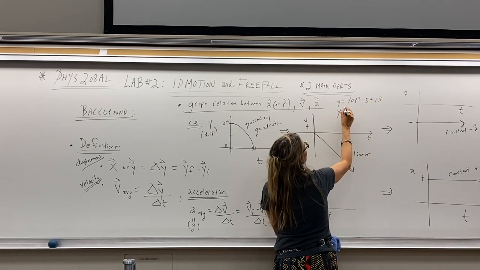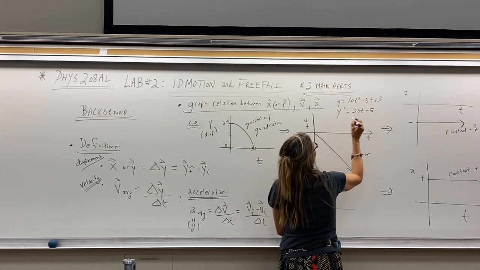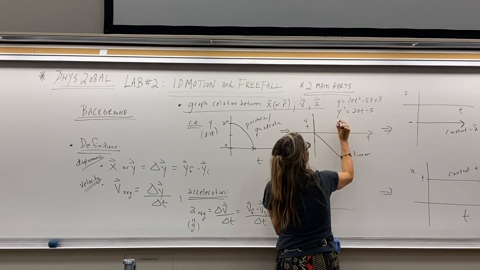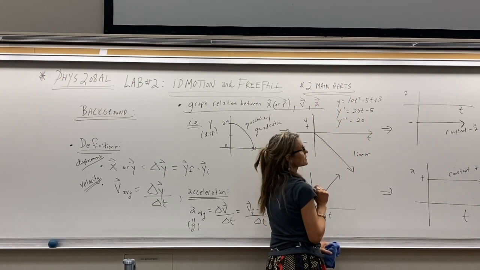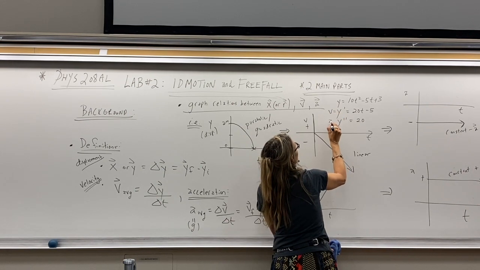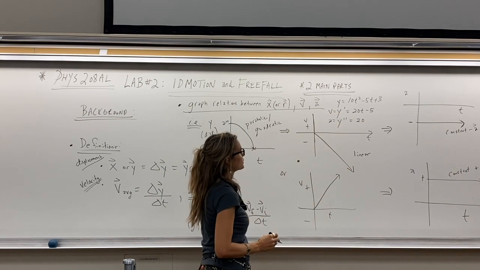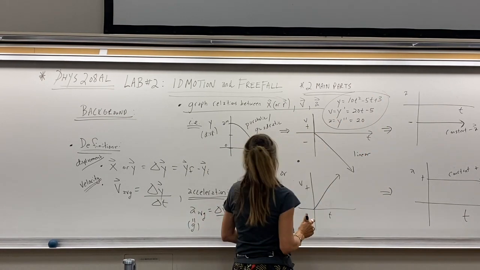Then my velocity curve would be 20t minus 5, and my acceleration curve would be 20. It would be just a constant value. And this would be my velocity, and this would be my acceleration. So that's an example of how it works with your equations. We're going to explore that in some detail.